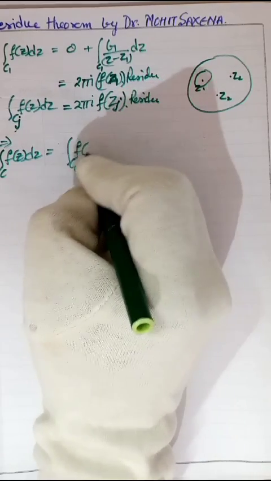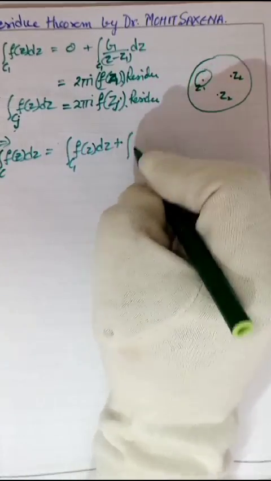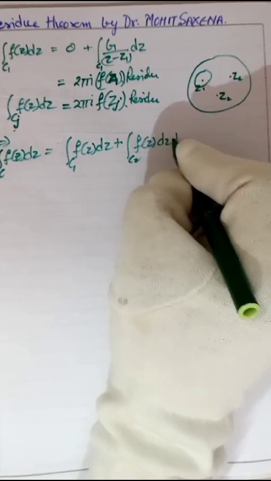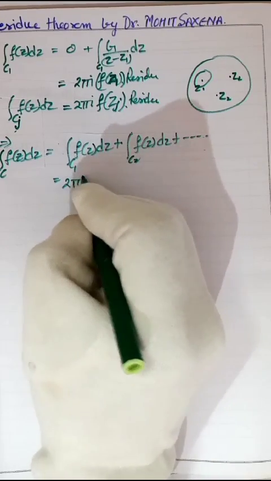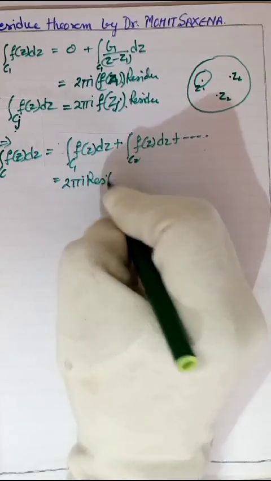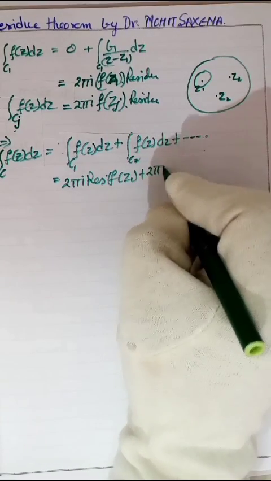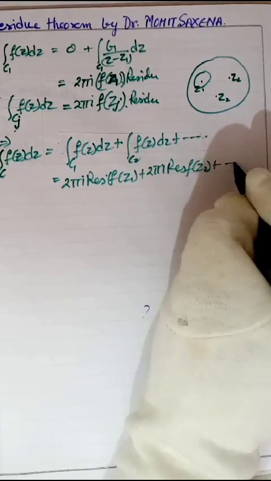So by using all this, we can write the integral over C of f(z) dz as equal to the integral over C1 plus the integral over C2 and so on, and all these values are equal to 2 pi i times the residue of f(z) at z1 plus 2 pi i times the residue at z2 plus and so on.